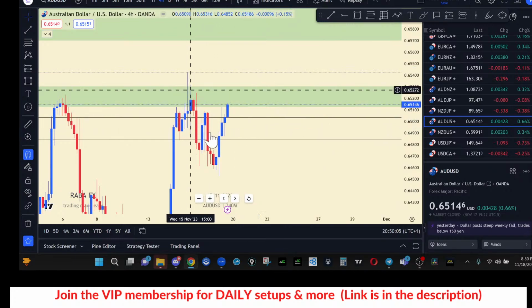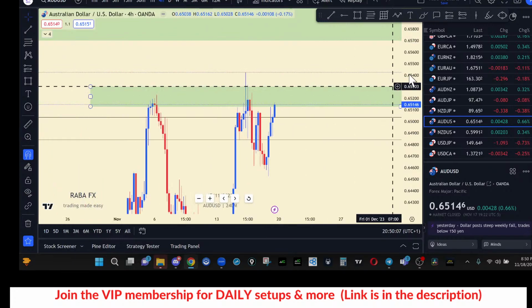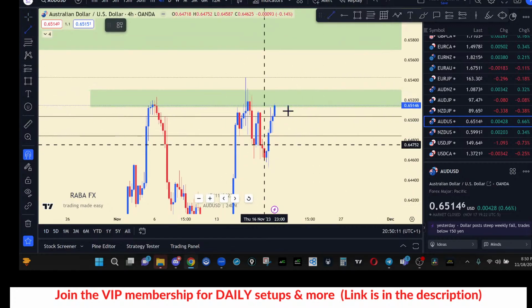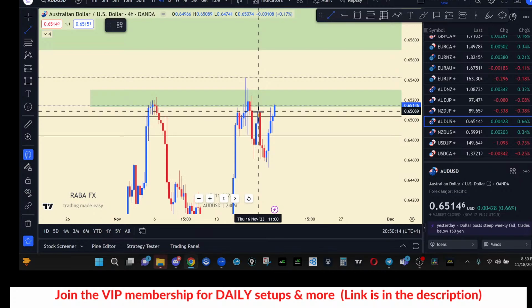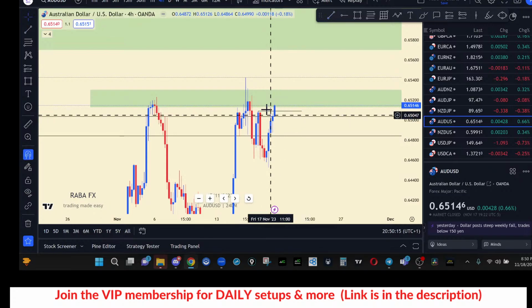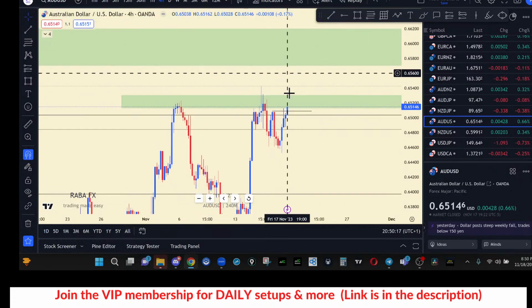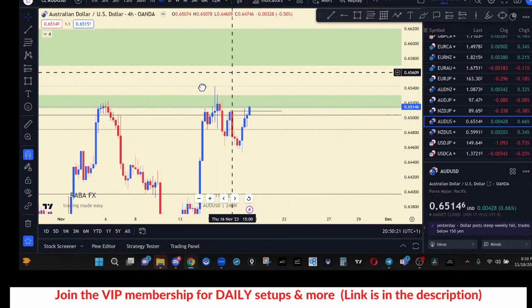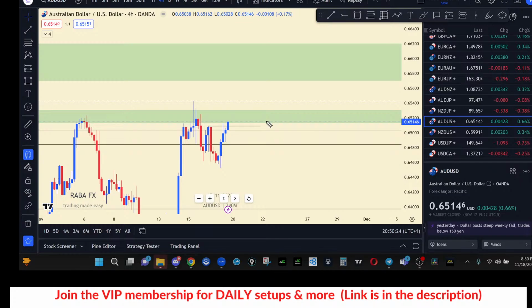We don't have any fresh level, so price may decide to push higher. The only fresh level we have, which I would have loved to sell from, is a close above. So we let this pass. The setup is not clean enough.